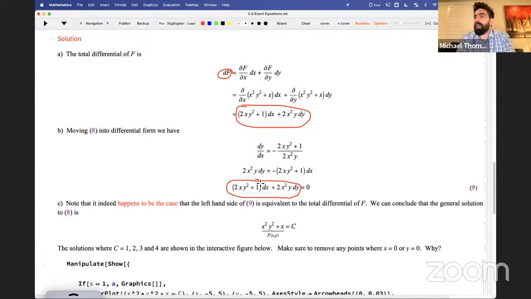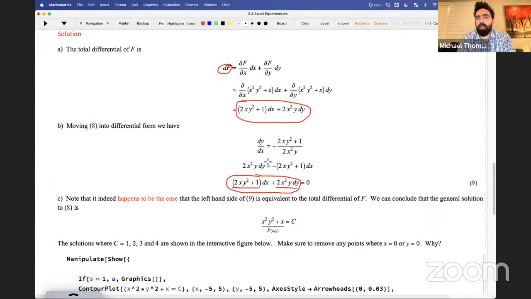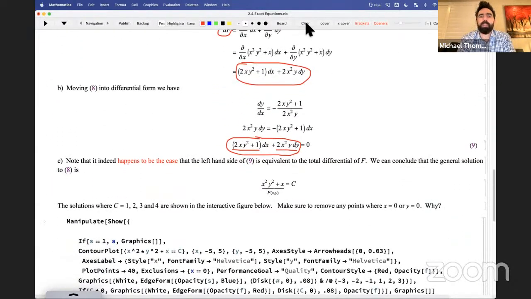They're the same thing, right? So I would say that it just happens to be the case that the partial of f with respect to x equals this guy, and the partial of f with respect to y equals this guy. So that's what we were mentioning up here. If it happens to be this case, then we know what the general solution is. Let me clean this up.